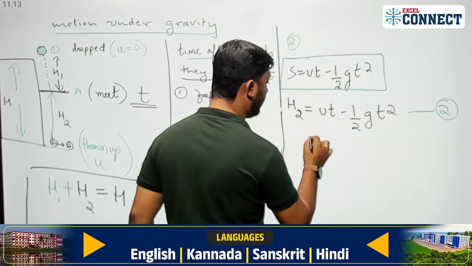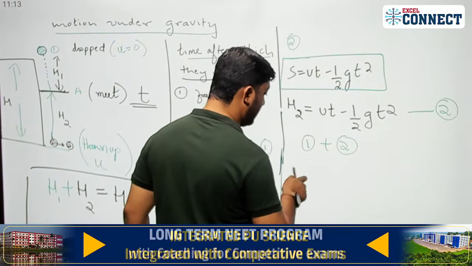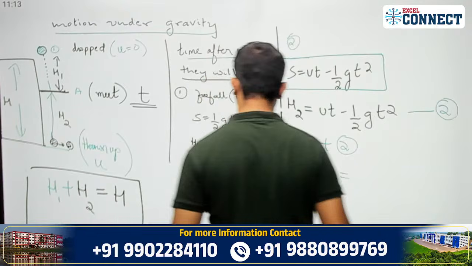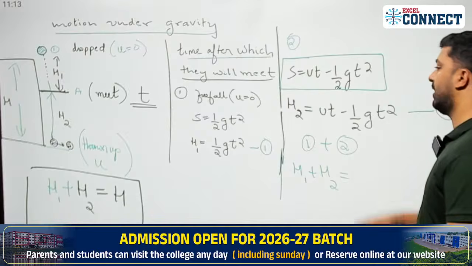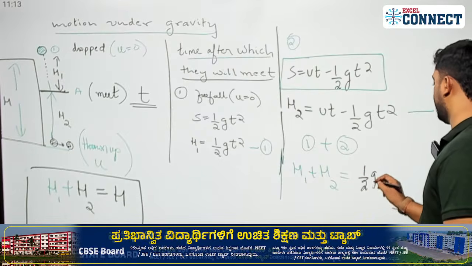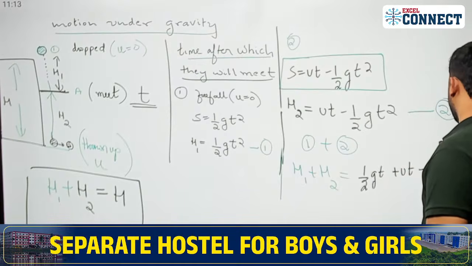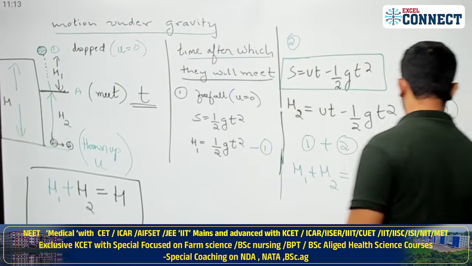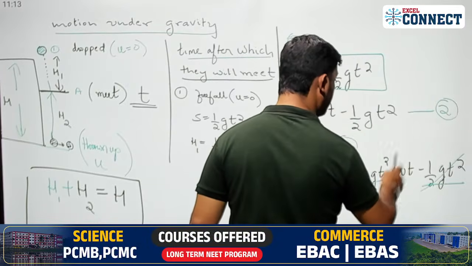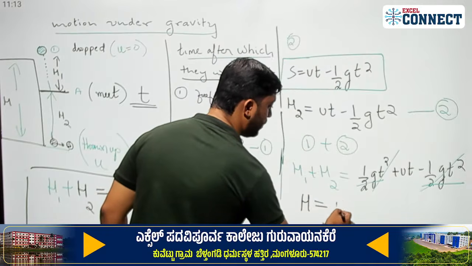Adding equation 1 with equation 2, h1 plus h2 is equal to half gt square plus ut minus half gt square. Half gt square and half gt square get cancelled. So h1 plus h2, which is h, is equal to ut.